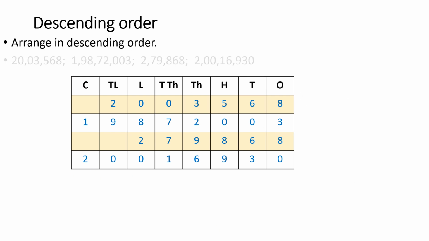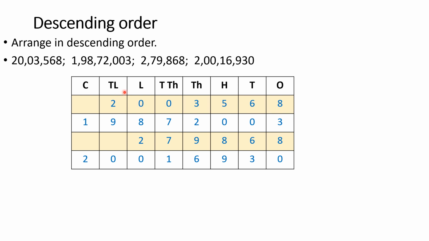Let us find out descending order for large numbers. So arrange in descending order, and it is a set of numerals. 20 lakh 3,568, 1 crore 98 lakh 72,003, 2 lakh 79,868, 2 crore 16 lakh 930. At first what we will do, we will arrange all these numerals in place value chart.